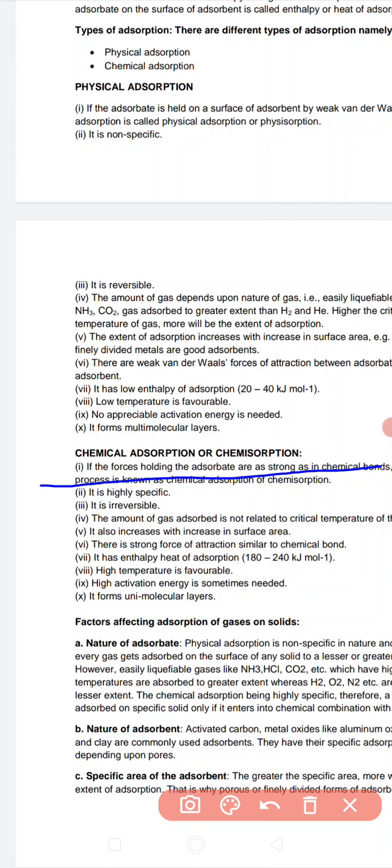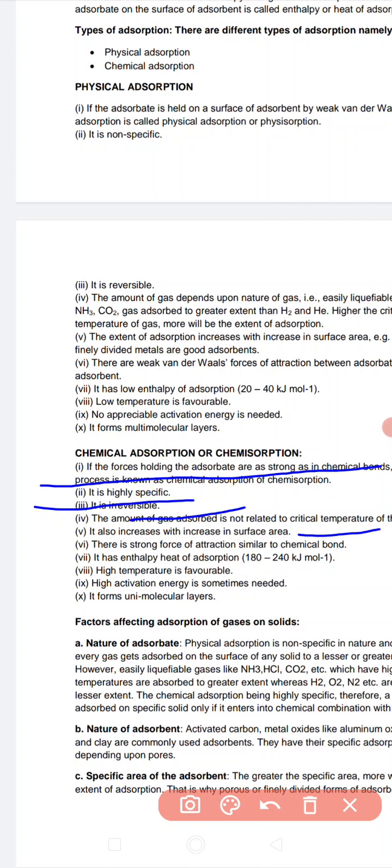Next important property: just try to understand, it is a highly specific process, and it is irreversible in nature. The amount of gas adsorbed is not related to the critical temperature, and it also increases with the increase in surface area.